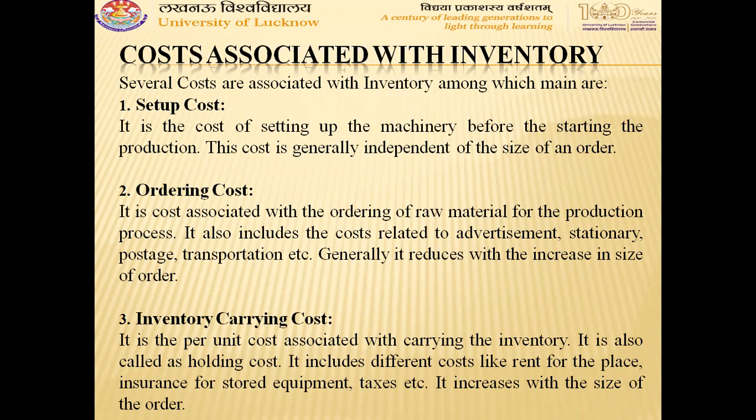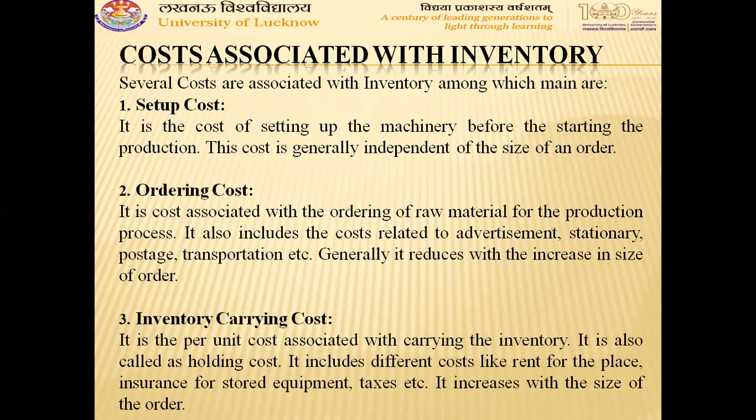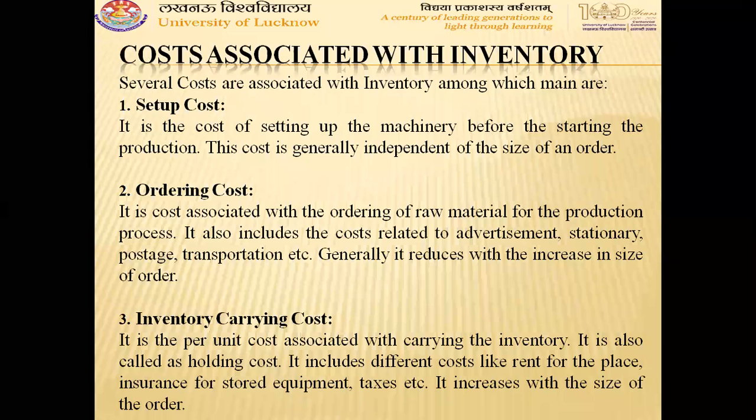Second is ordering cost. It is the cost associated with the ordering of raw material for the production process. It also includes the costs related to advertisement, stationery, postage, transportation, etc. It reduces when the size of the order is increased.